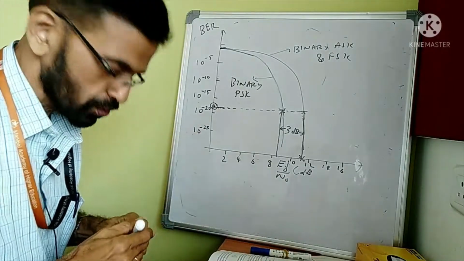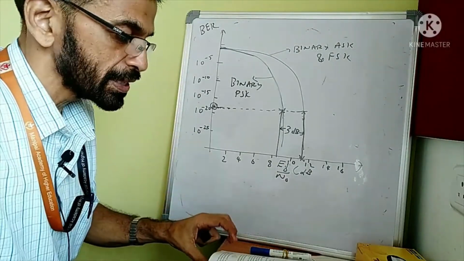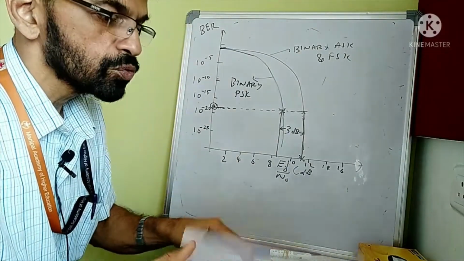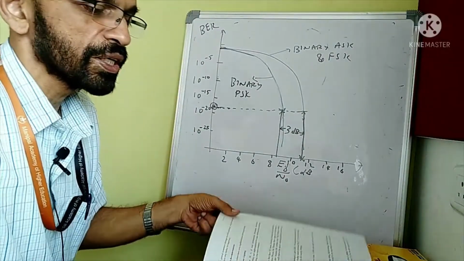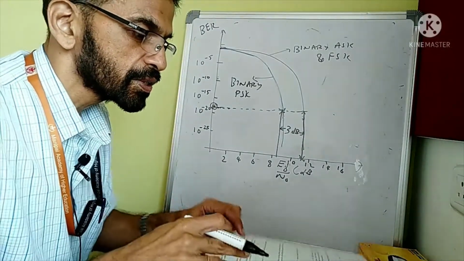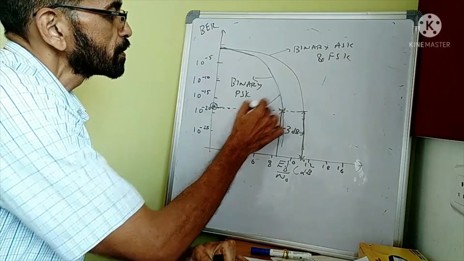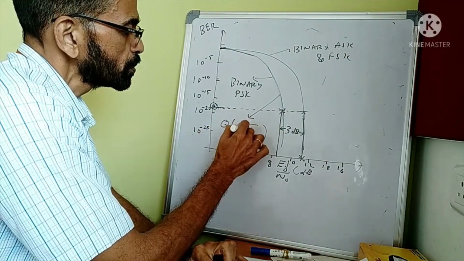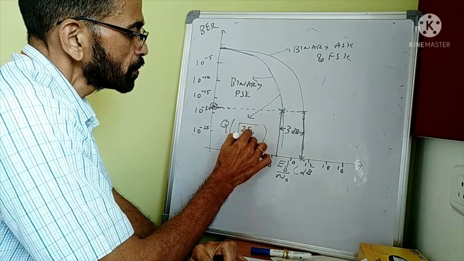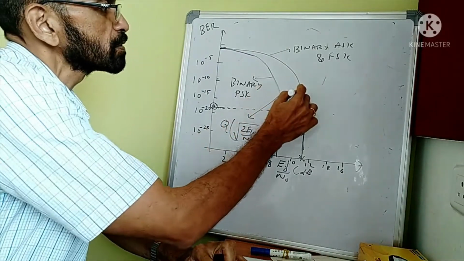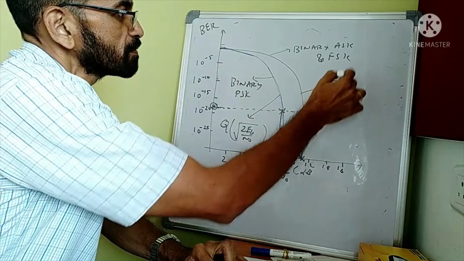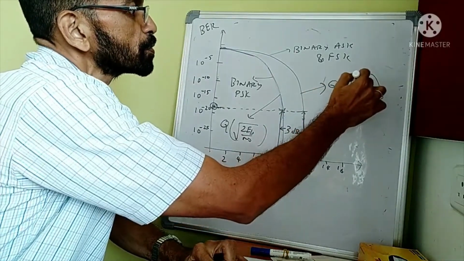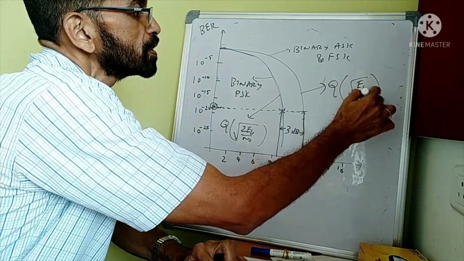This is exactly what we saw earlier, because we saw that when it comes to binary PSK, the probability of error was Q root 2 Eb by N naught, whereas for binary ASK and binary FSK, it was Q root Eb by N naught.